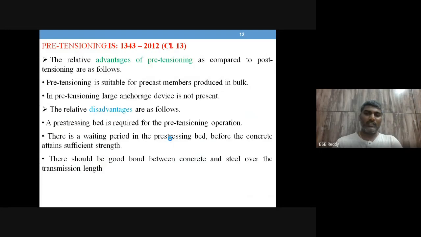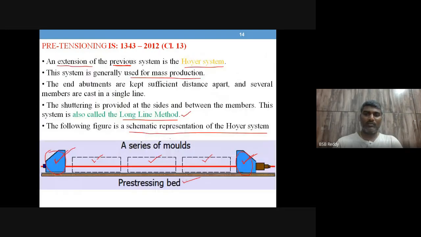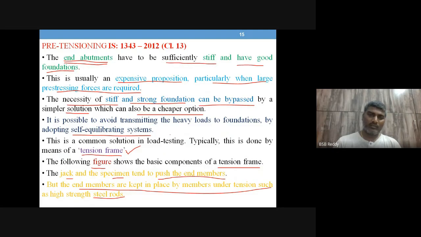Okay, and if you are asked to explain Hoyer's system, you need to produce at least 3 or 4 molds to be kept in between the abutments.